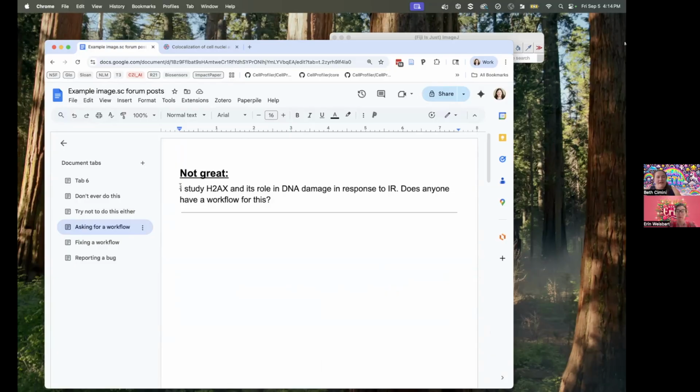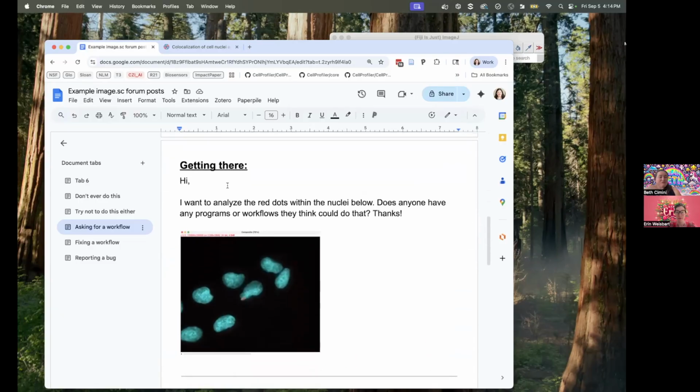Now you're, A, putting out information that maybe you don't want out there, but also B, you're asking for only this tiny community of people who study the exact thing that you study, which might not be very many people.